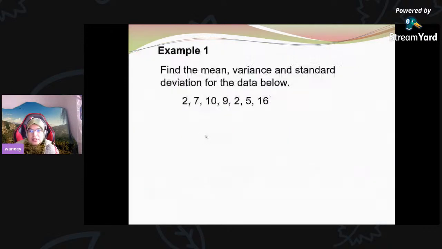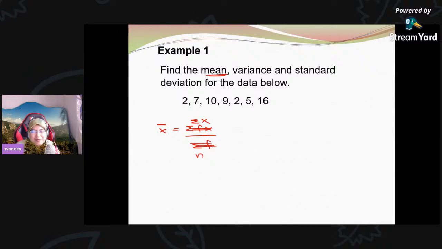Okay, next. Find the mean, variance and standard deviation for the data below. We have 2, 7, 10, 9, 2, 5, 16. We have to calculate the mean first. The mean, or x bar, is the summation of x over n.